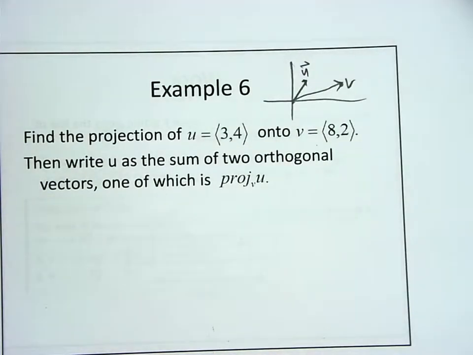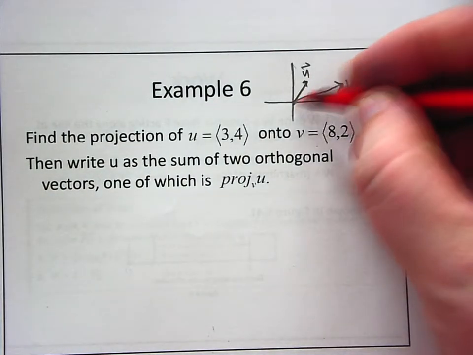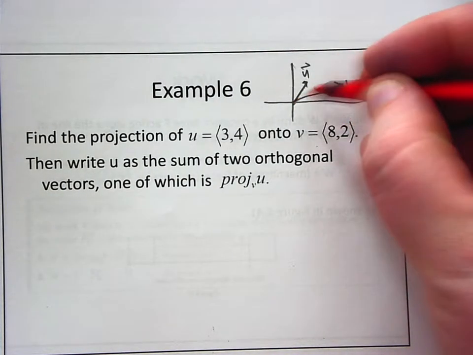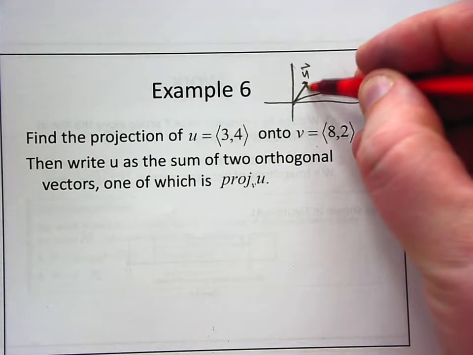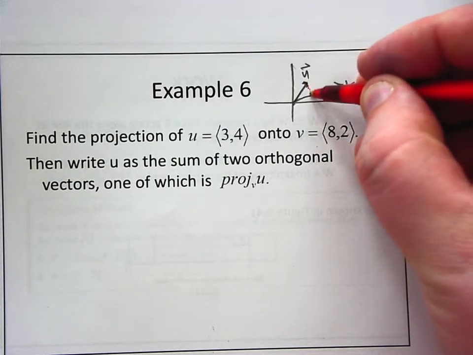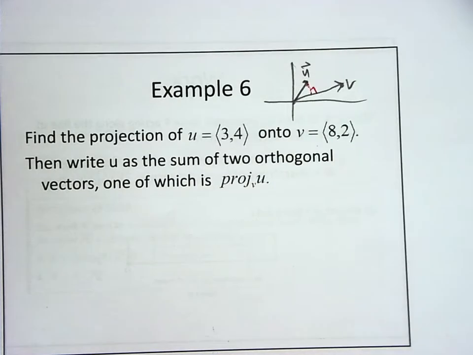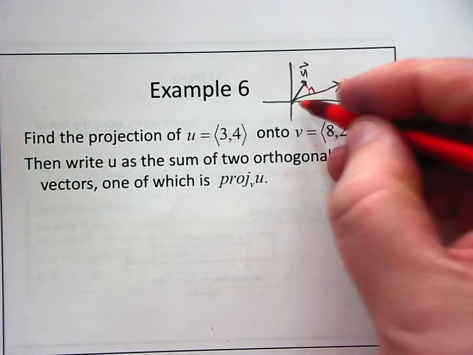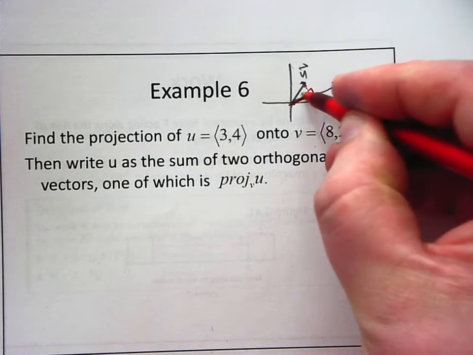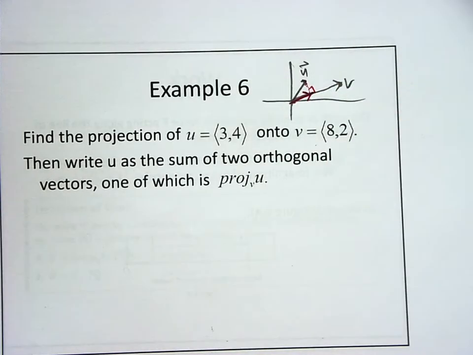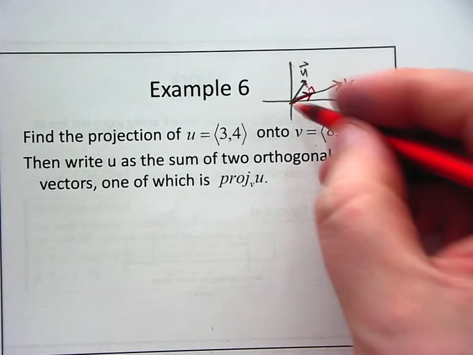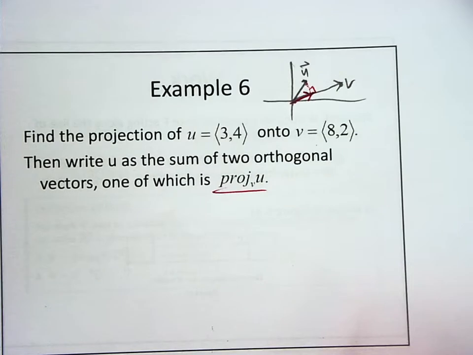Now if I want the projection of U onto V, what that means is I just want the component of U that's along that line V. Well, the idea here is if I drop an altitude perpendicular to V down, and then draw a vector along that stops where that altitude is, this little portion here, that's your projection.